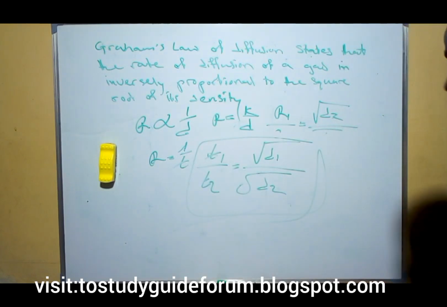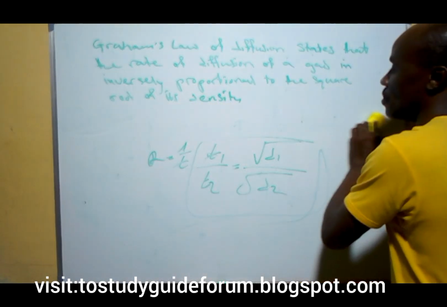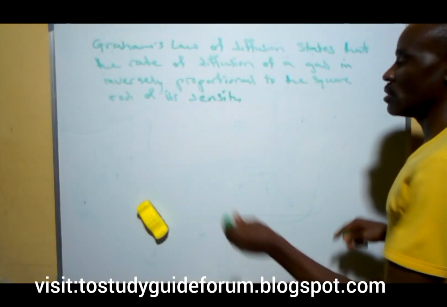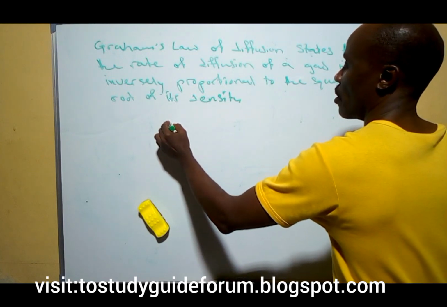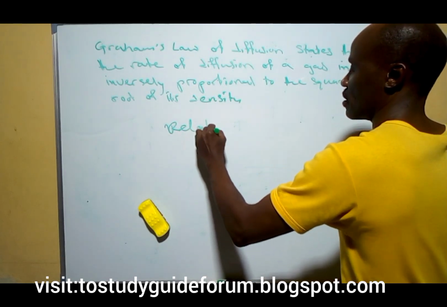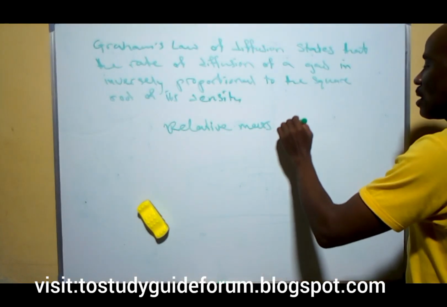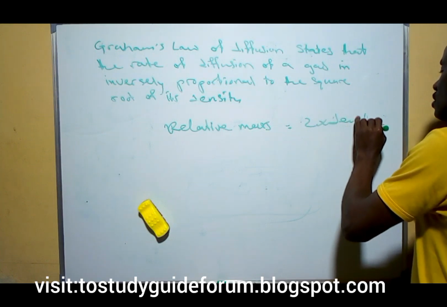Now sometimes we know that relative molecular mass is equal to 2 times vapor density or density.